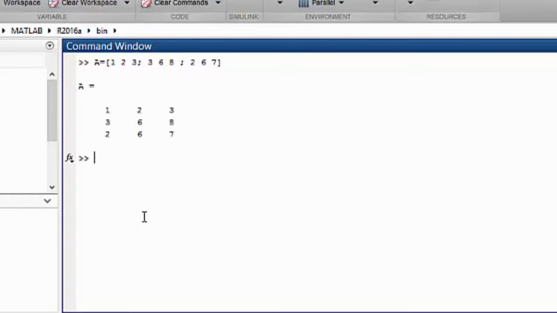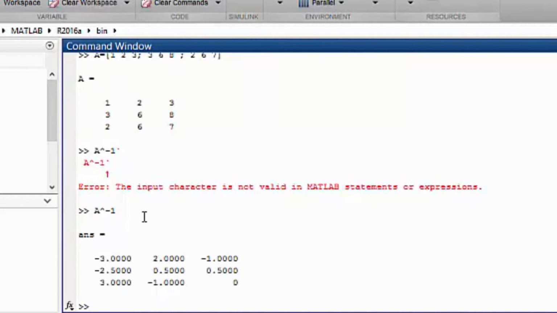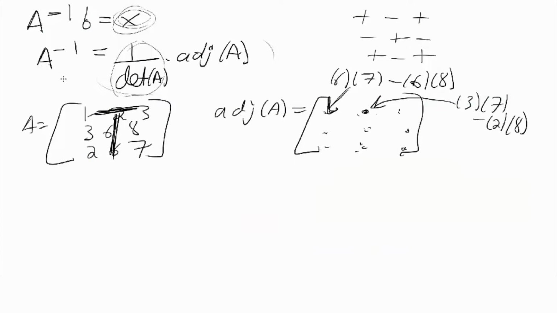There's so many ways you can invert it. Whoops. And boom. So do it yourself, and you should be able to get this result as the inverse of the matrix. When you have this problem, you'll also have a matrix of constants, and you just multiply the inverse of the matrix by that to get actual solutions.